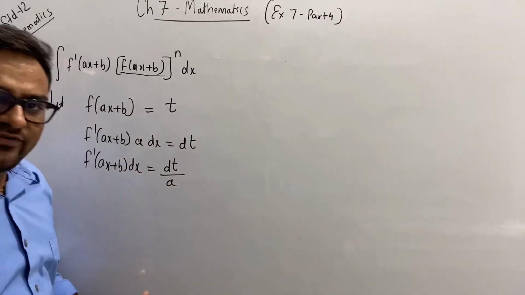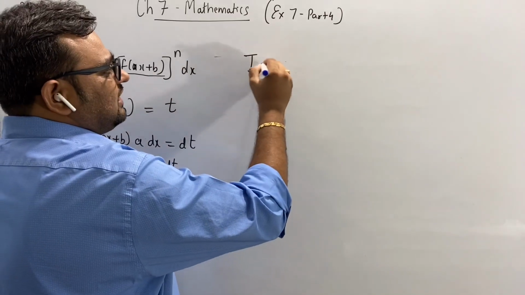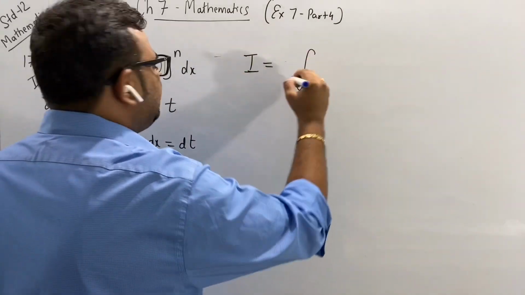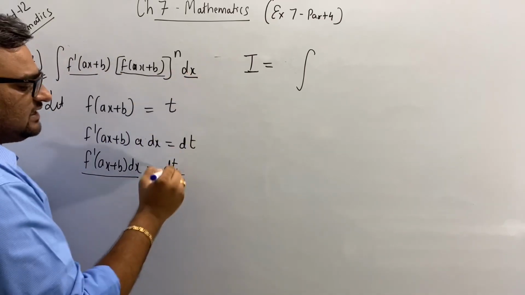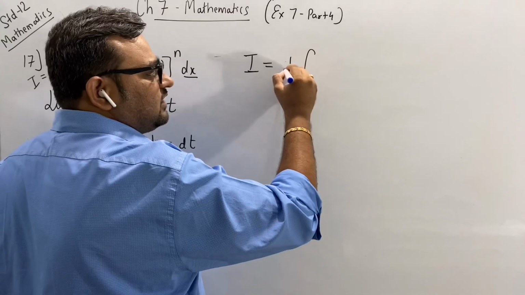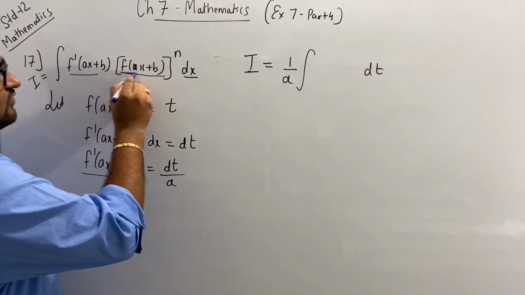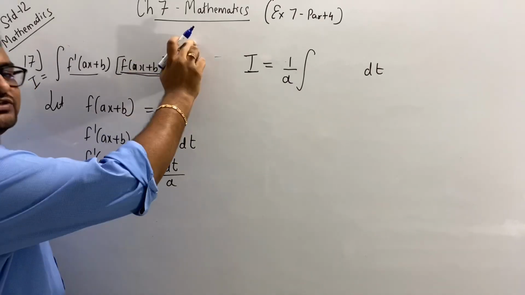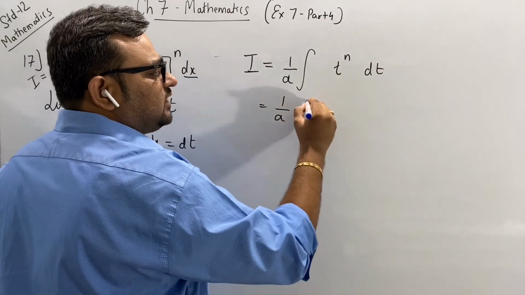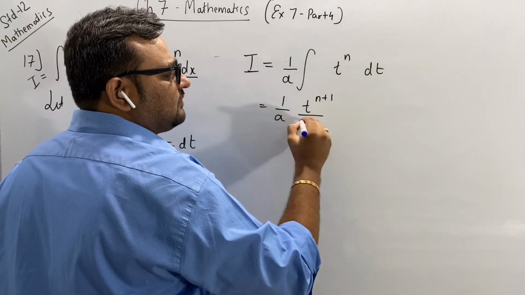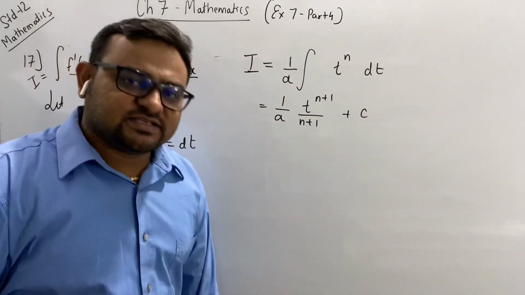So now I will replace it here. Our integral I will be equal to integration of f dash ax plus b dx, which is dt by a, so 1 by a dt. What is f of ax plus b? t. So it will be t raised to n. Now the integration of t raised to n is t raised to n plus 1 upon n plus 1, plus c.